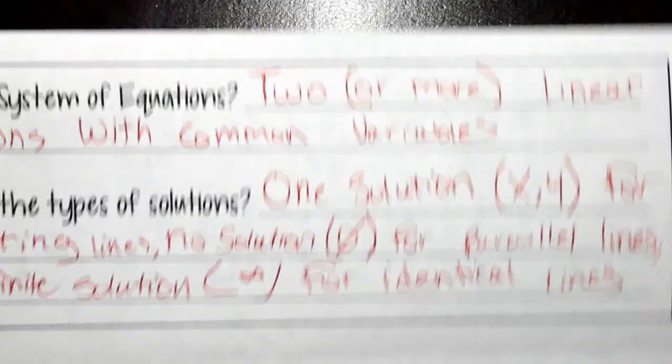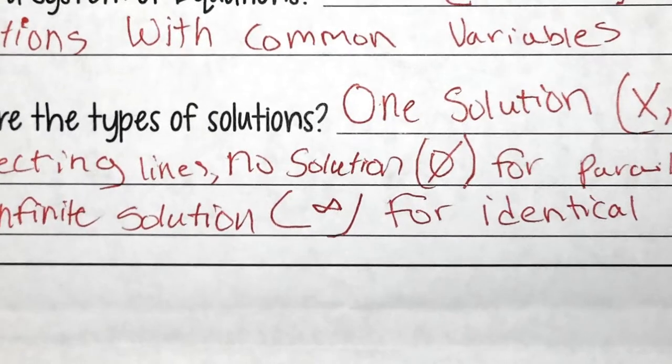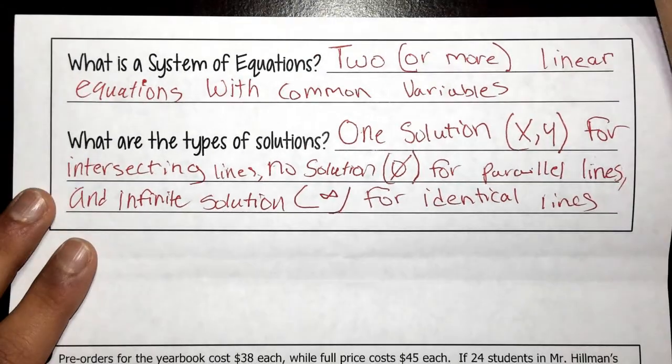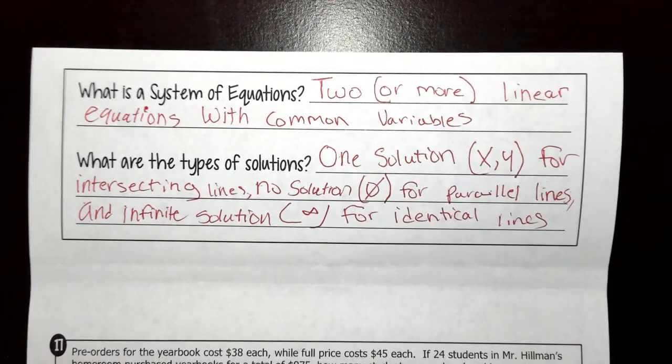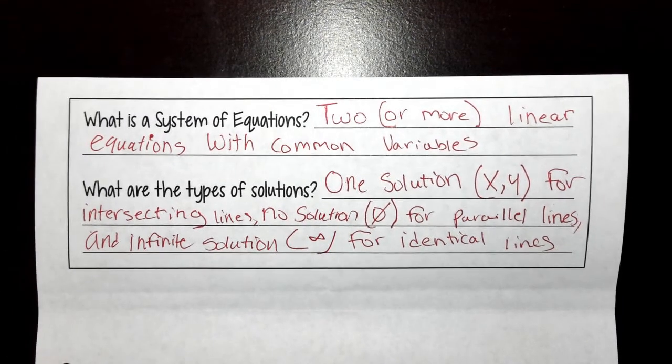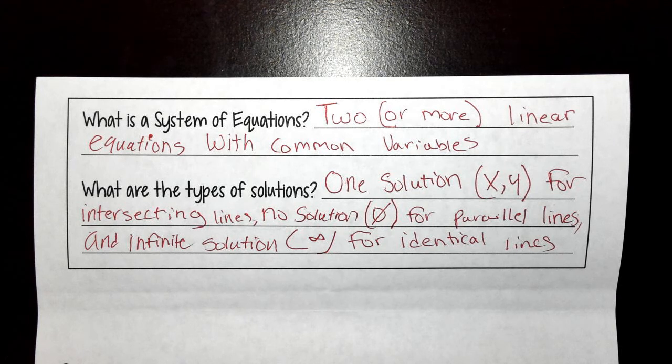So, let me zoom that in. That's an infinity sign, by the way, in case you couldn't tell. So yeah, that's that. Pause if you need to here, and let's get on to the next part.